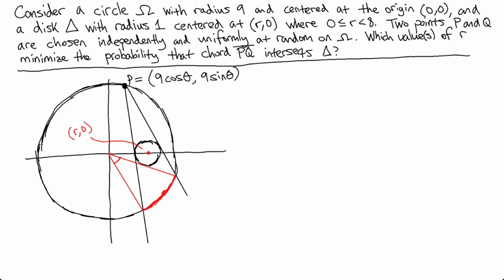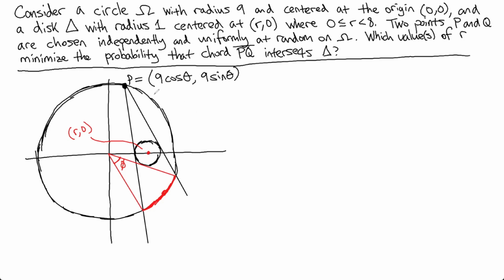If that angle happened to be 1/10 of a full circle, let's say, the probability would be 1/10 that a point would be chosen on that arc. In general, if this angle measures phi radians, then the probability that Q is on the arc is phi out of 2 pi.